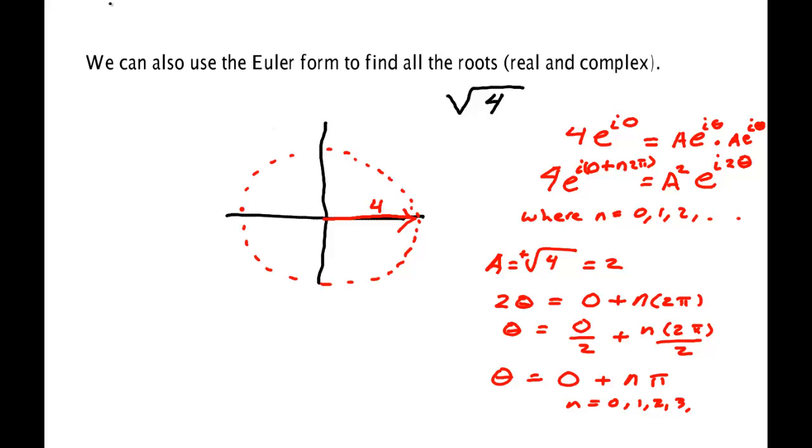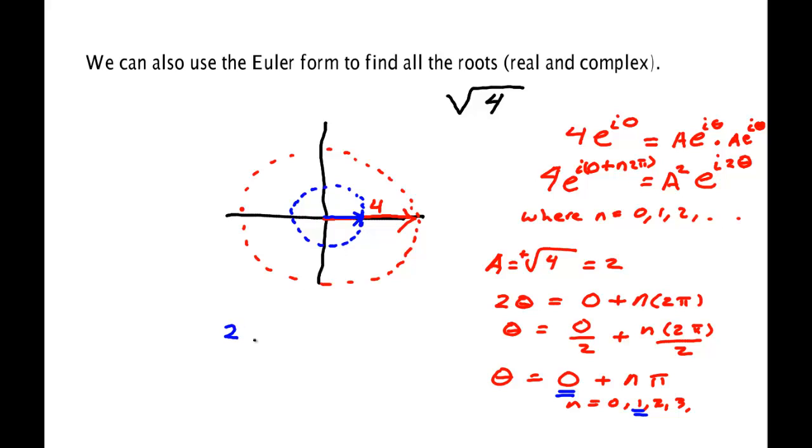So the solution here is a circle that's only 2 units long, and the possibilities are an angle of 0, but also if n is 1, the possibility that you get pi is also allowed. So one answer is when the arrow's here.